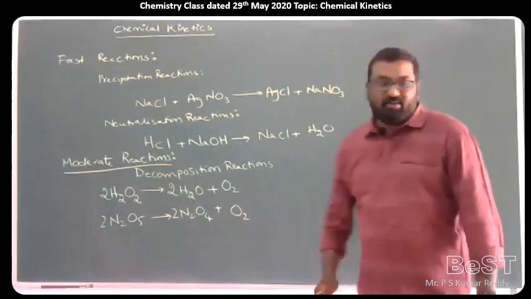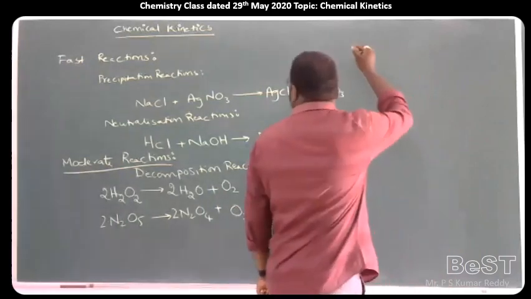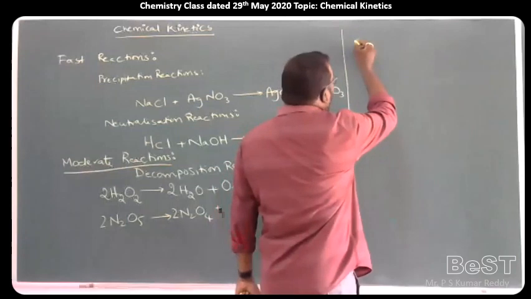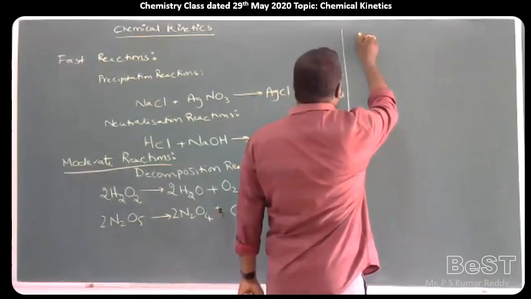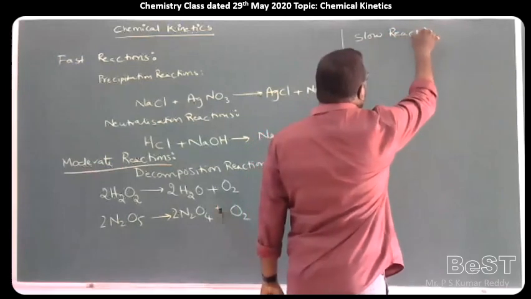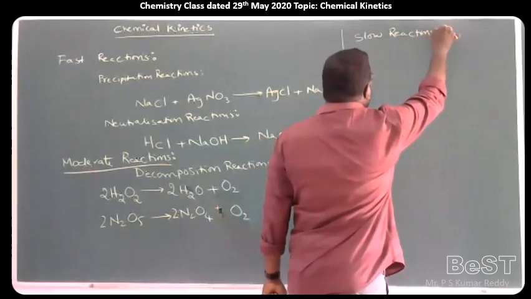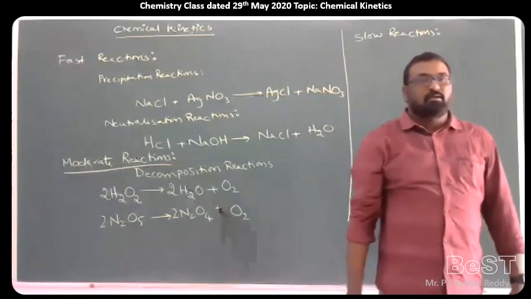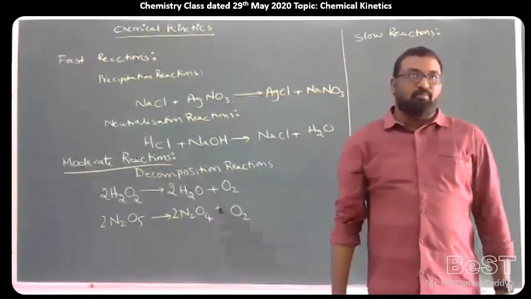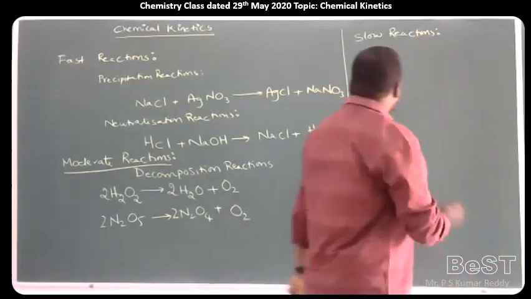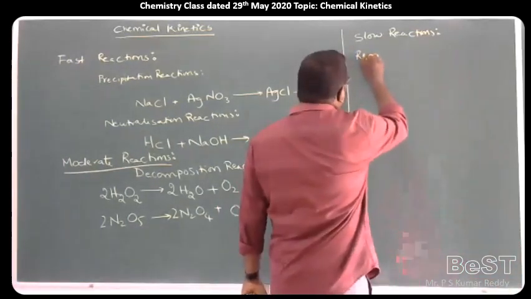Then we are having the third type of reactions, that is slow reactions. The reactions which are slow in their production of the products will be called as slow reactions. For example, rusting of iron.